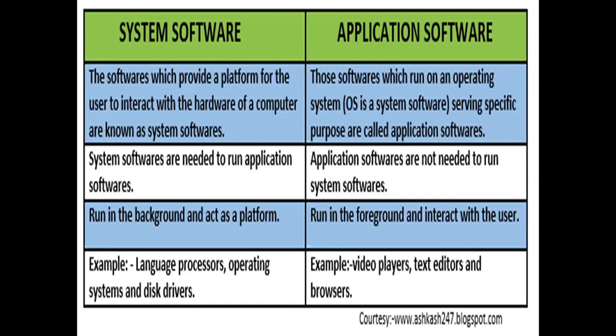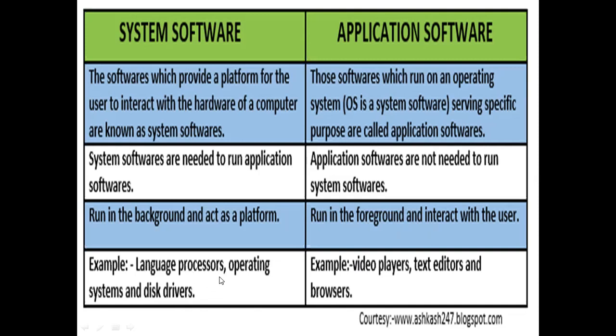You don't know how they work, but they work very perfectly. While an application program runs in the foreground and interacts with the user. Application programs are the programs which are in front of view. The front view is application software. You have to remember this. So system software always runs in the background, while application software always runs in the foreground.